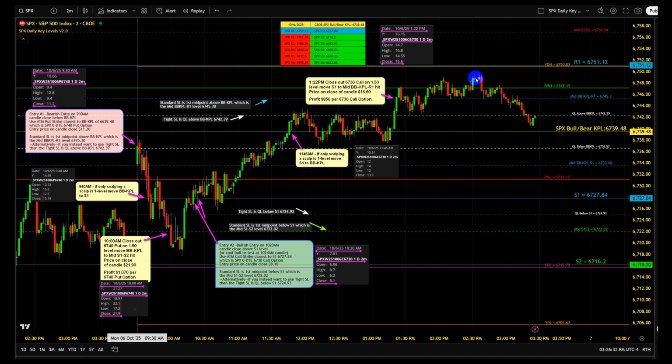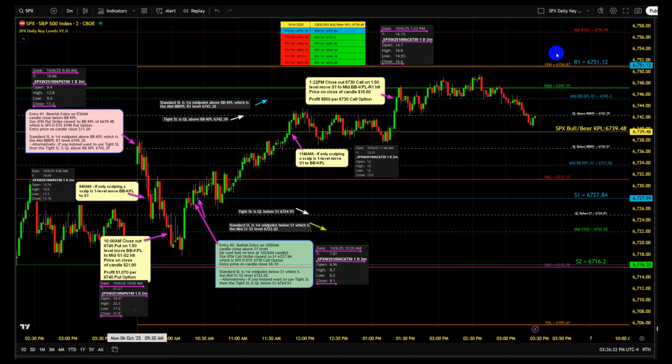As you can see here, we did not make it up to R1. We did make it up to the PMH level. The PMH level, you could also use as an additional take profit level if you wanted to, since it is sort of in confluence with this.